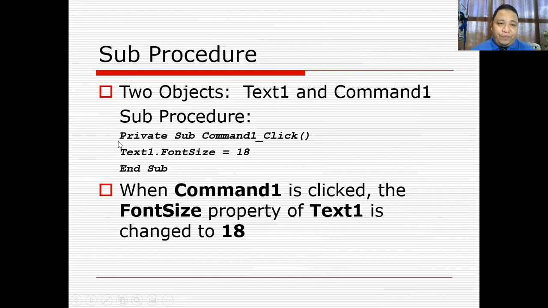You type Private Sub Command1_Click(), then Text1.FontSize = 18, then End Sub. When Command1 is clicked, the font size property of Text1 is changed to 18. So this is the output of the program.